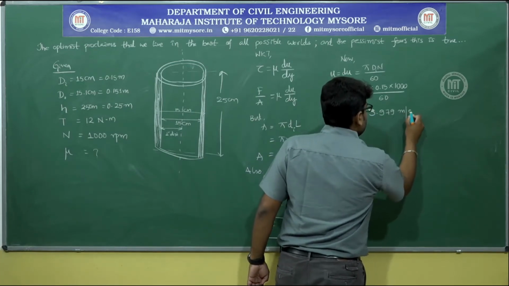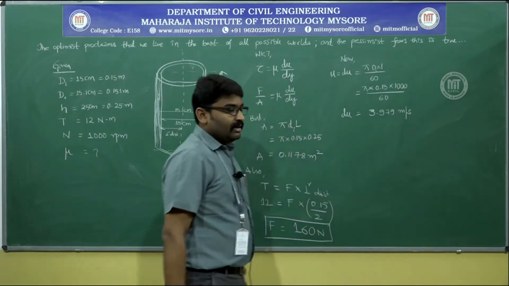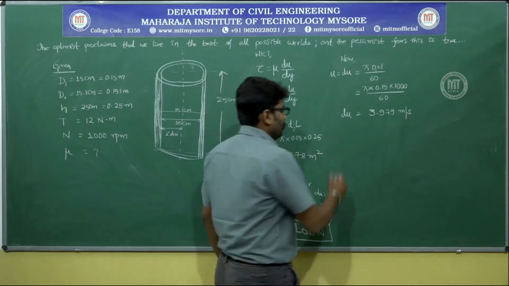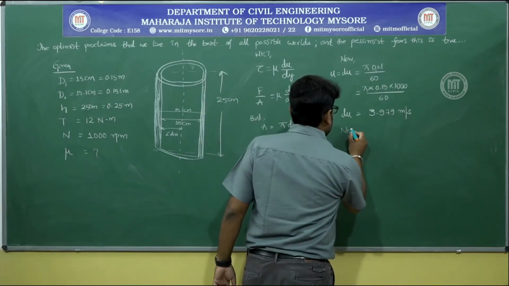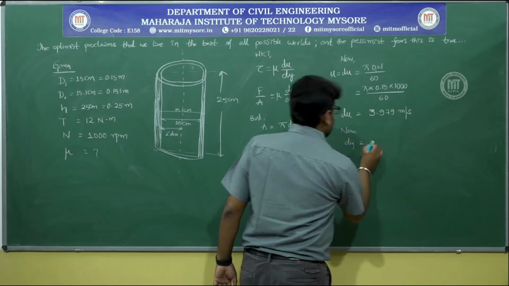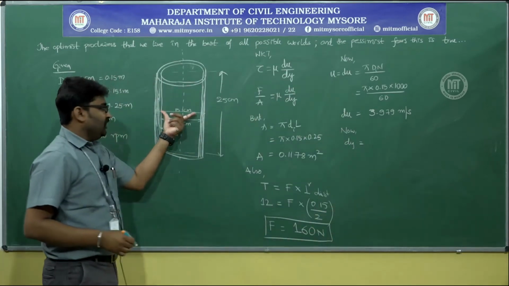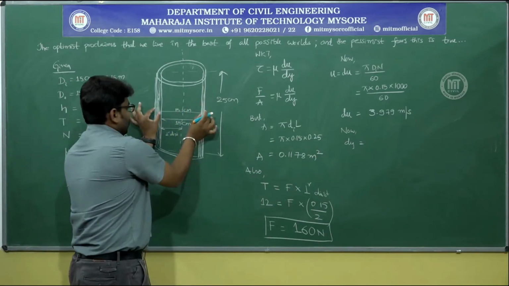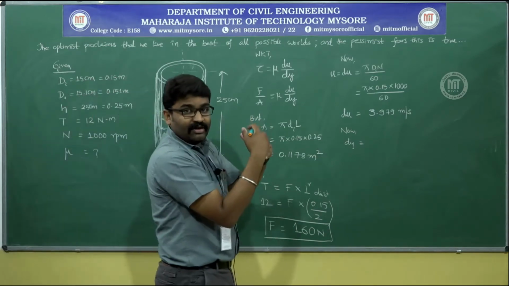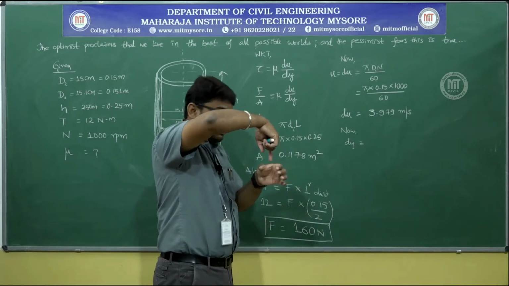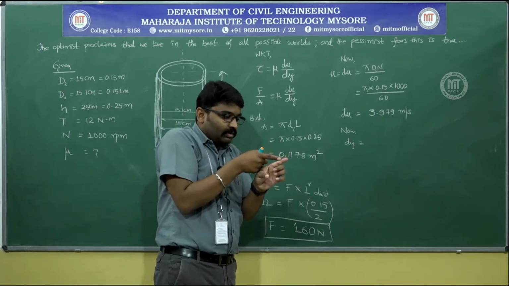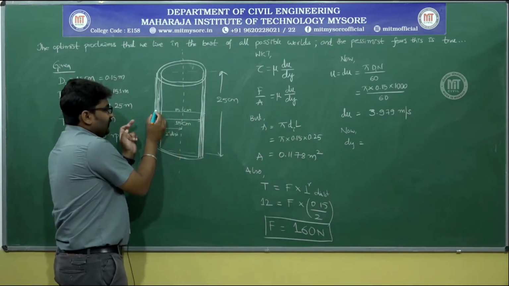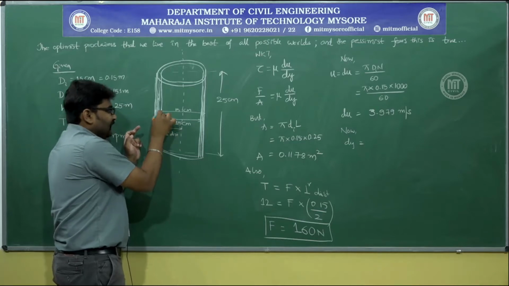3.979 meter per second. And finally, you will have to get dy, which will help you solve for mu. Now, what actually is dy? This 15.1 centimeter minus 15 centimeter will give you this entire gap, but you will have to divide it by 2, because that is the gap between the outer cylinder and the inner cylinder. You can observe here, I need the difference between outer cylinder and the inner cylinder.